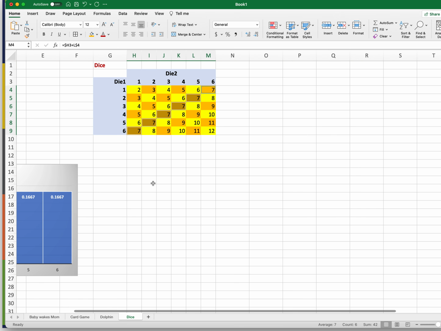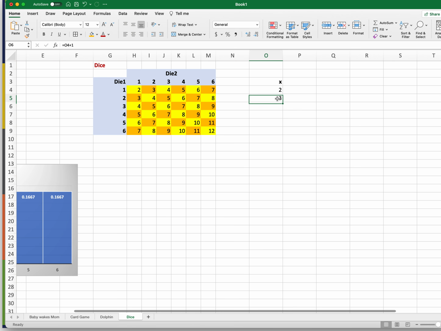So how does this go? If I want to do this now, I have X for 2 dice. I don't want it there, I want it right here. X. And it goes from 2, and I add 1 to each one.